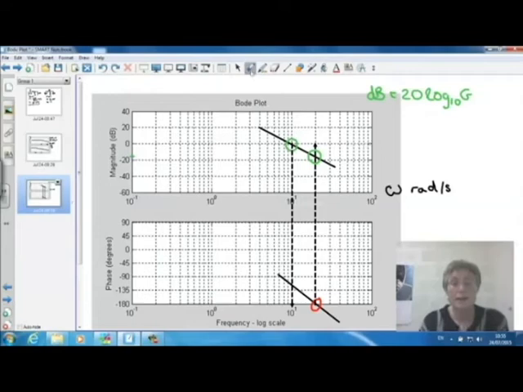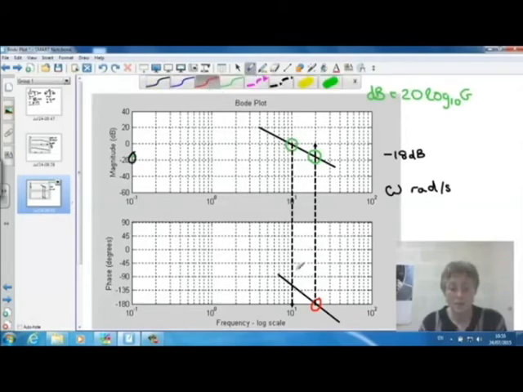So I think that point there, which corresponds to this point here, would give us about minus 18 decibels. So we have a gain of minus 18 dB at the point at which our phase is minus 180.